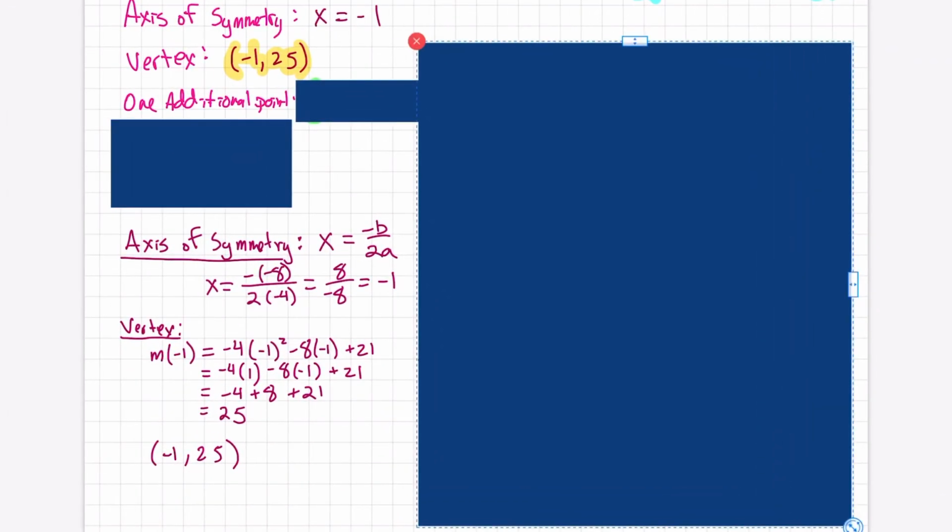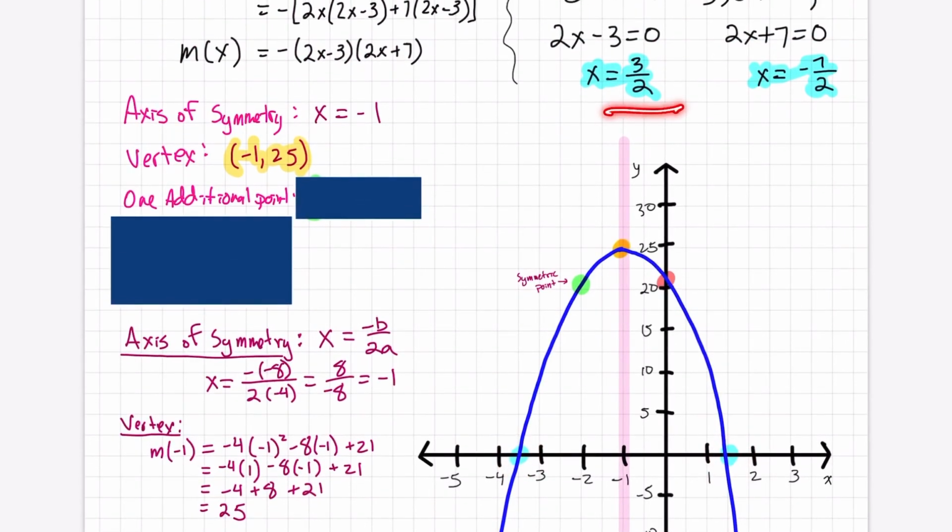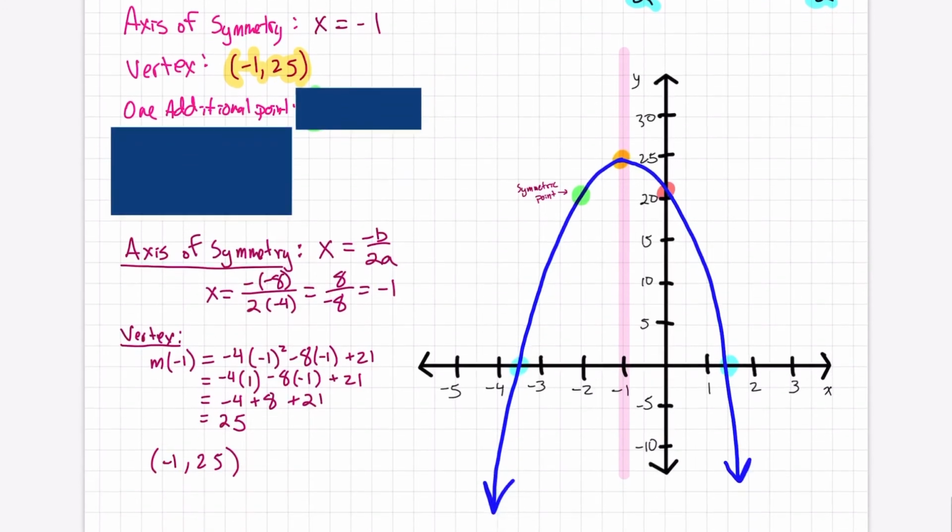Now, I do already have it finished, but let's check this out. So we can graph our points at 1.5 and -3.5, where the 1.5 is the 3/2, and -3.5 is -7/2. I made my x scale be halves, so you could just count 1, 2, 3, 4, 5, 6, 7 halves going to the left, and that's also that -3.5.